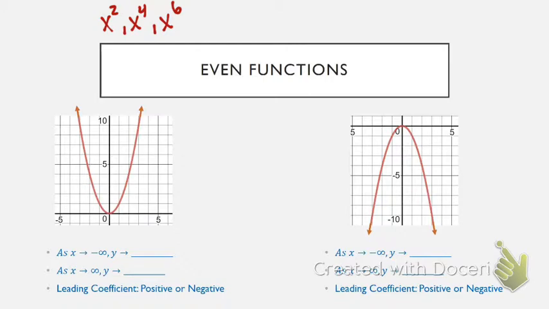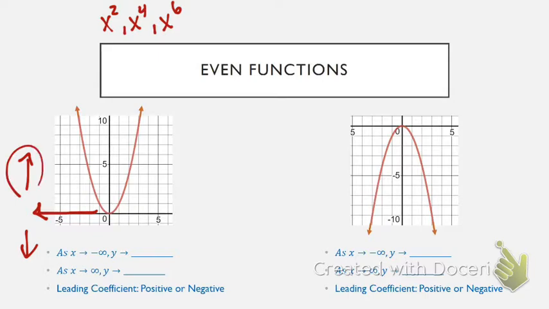So the one on the left, for the first blank, it says as x approaches negative infinity. So as we go left forever, is my graph going up or down?